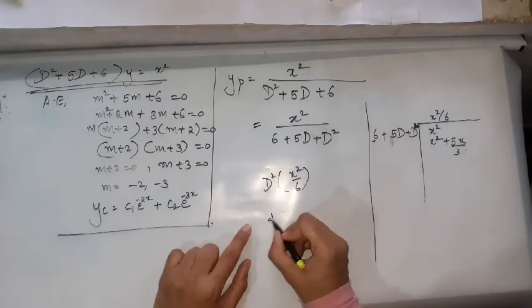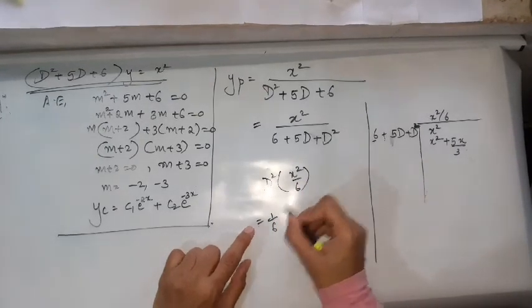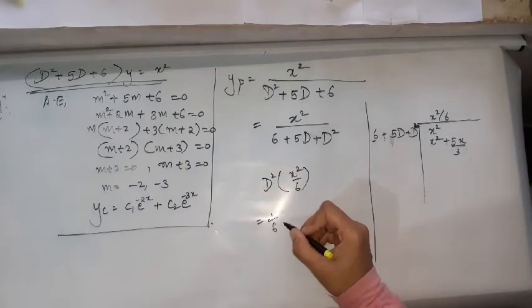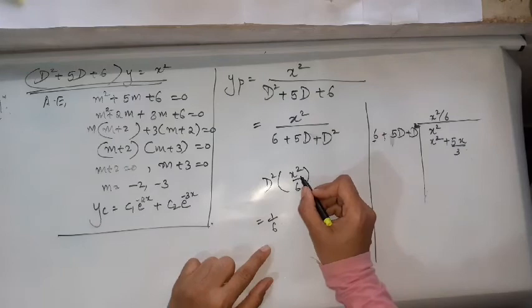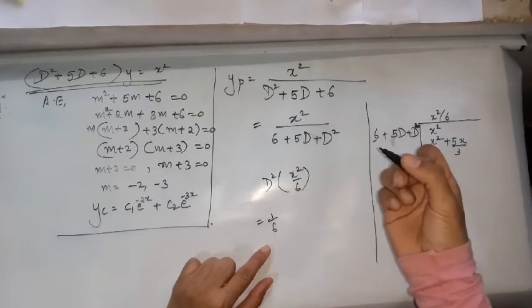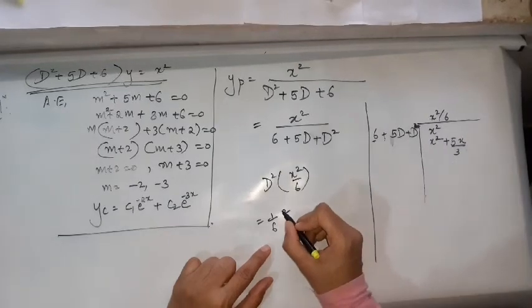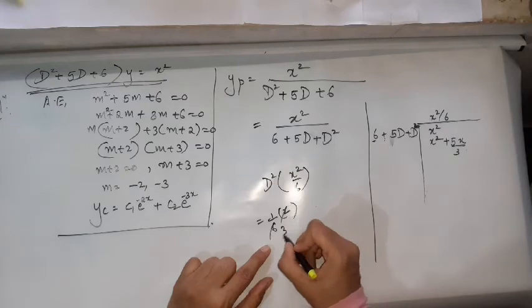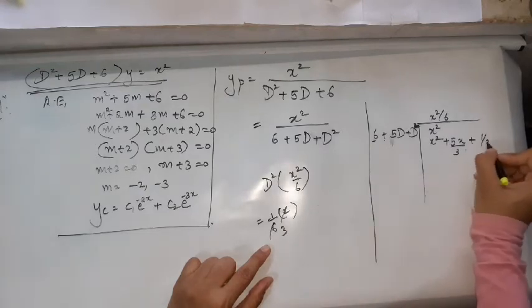Keep 1 by 6 as it is. Then write the second derivative of x square. First derivative of x square will be 2x, second derivative 2. So you'll simply get 2 when you simplify this. 2 1s are 2, 2 3s are 6. You get simply 1 by 3.